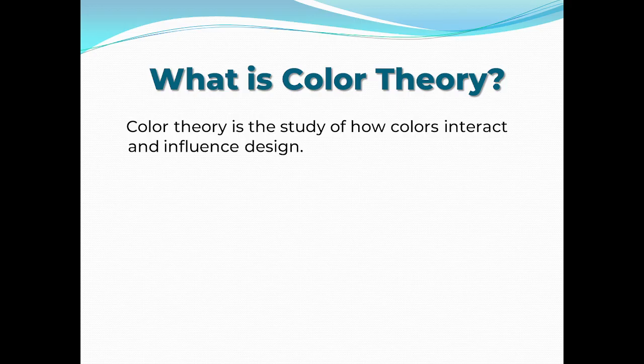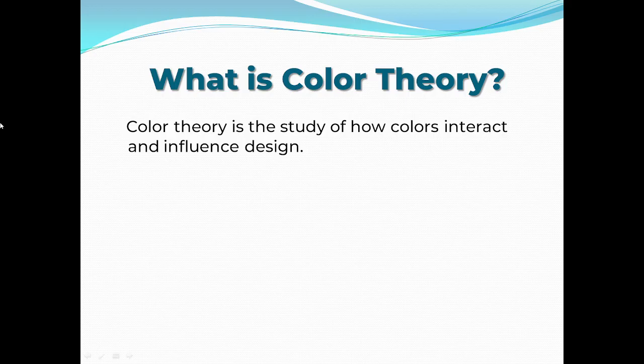So color is that thing that cannot be interpreted until it is visually perceived. So you have to see it to identify. So we'll be able to establish what color is.